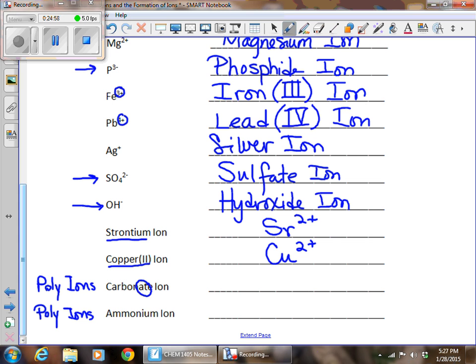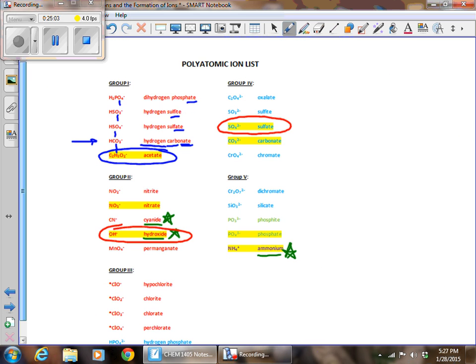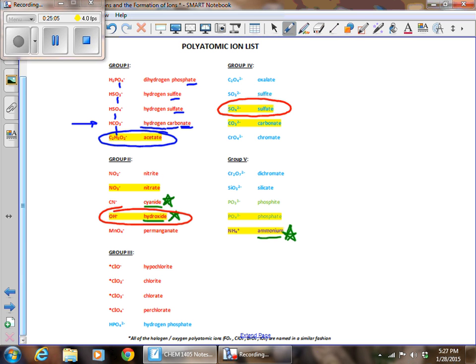And now for carbonate and ammonium, let's go to our list of polyatomic ions. And we see that carbonate is, let's see, where's carbonate at? Here we go, right here. One of the ones that we need to memorize. Carbonate is CO3 with a 2- charge. Ammonium is one of the ones that we talked about earlier.